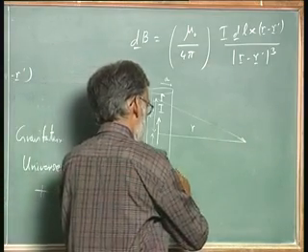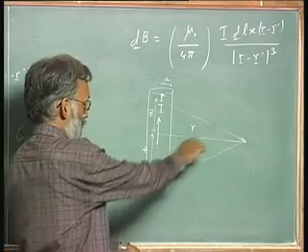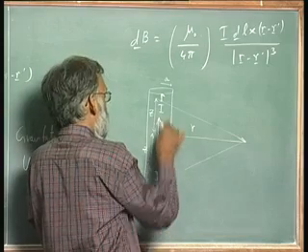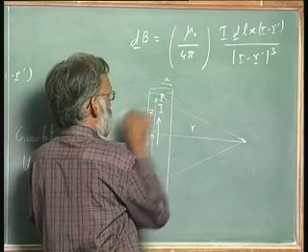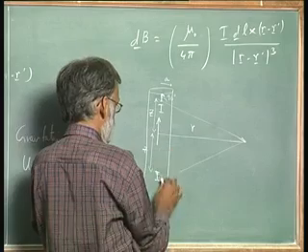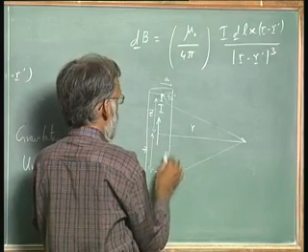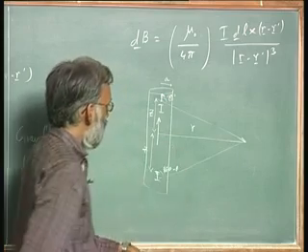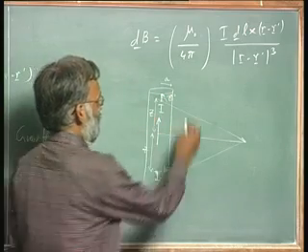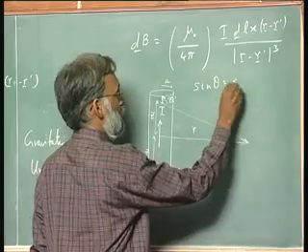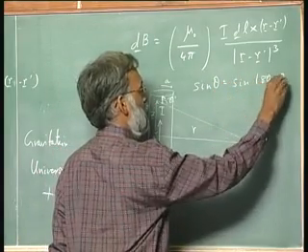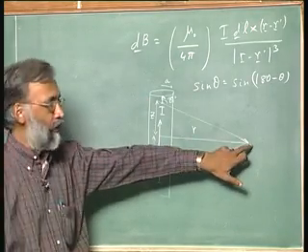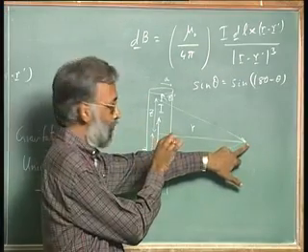Now, if I do the same thing here, it also gives me the same value, except that in this case the angle is greater than 90 degrees, in this case it is less than 90 degrees. So, this is some theta, this is 180 minus theta, but sine of theta is equal to sine of 180 minus theta. So, both of these give me the same force, and the force is into the board.